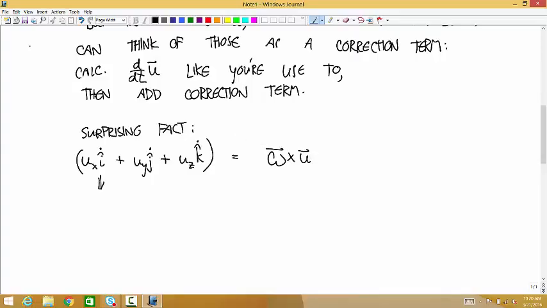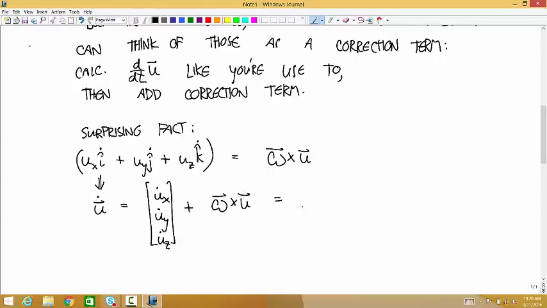So if you want to calculate the time derivative of any vector u, that's equal to ux dot, uy dot, uz dot plus omega cross u.